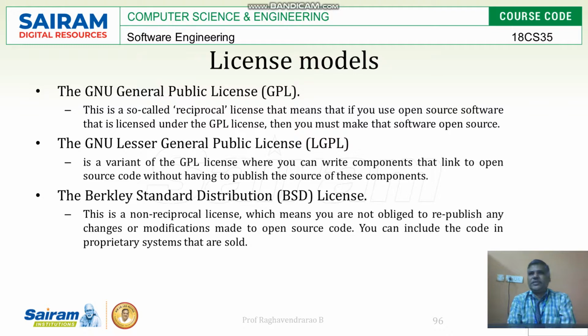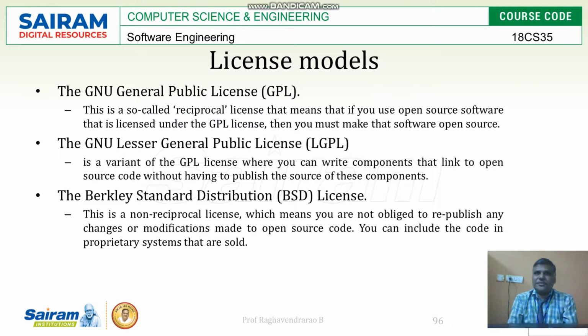There are so many licensing models. First is GNU, that is General Public License, GPL, where the source is open, the licensing is also open, and anybody can use this particular source code. Then there is the Lesser General Public License, LGPL.